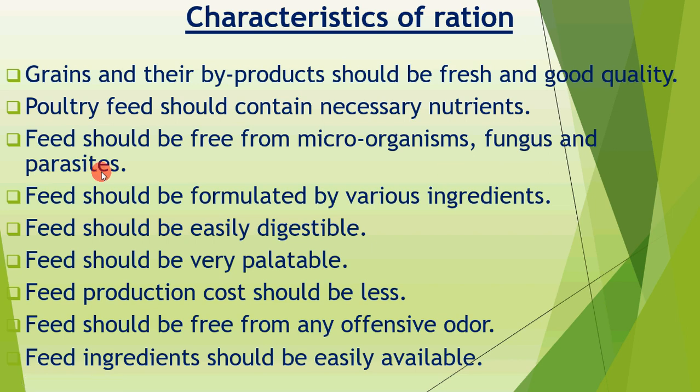The various ingredients should be formulated together, and the food should be easily digestible for the poultry. And definitely you have to think about the cost as well. If the cost is less, the profit will be more. And the food should be very good, with no bad smell or odor present. It must be fresh, and quite available.